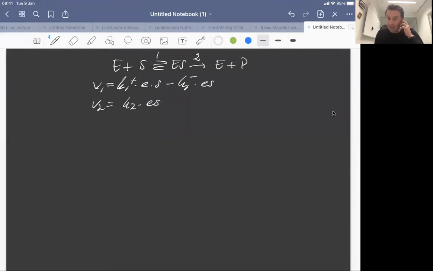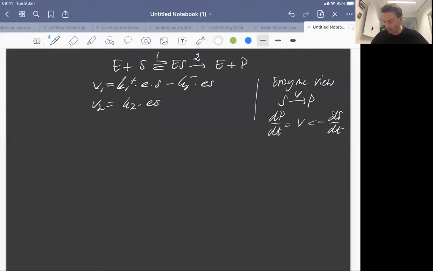Now, clearly, the rate of the enzyme is the rate with which product is formed. So if we're going to take the enzyme view, which is S goes to P with rate V, the enzyme rate is defined as dP/dt equals V, which is minus dS/dt. And this has concentration P per unit time as unit.